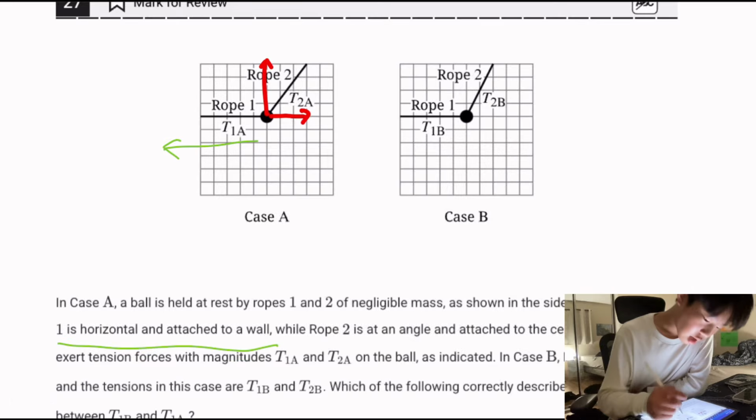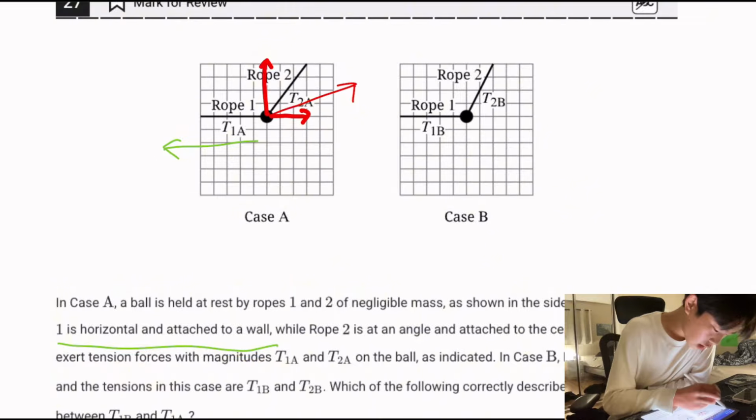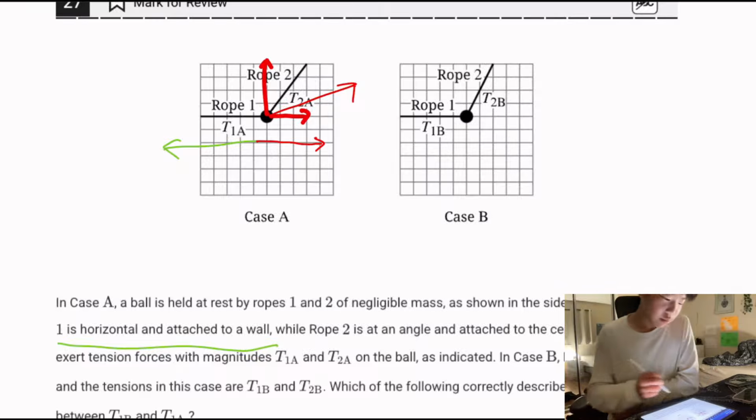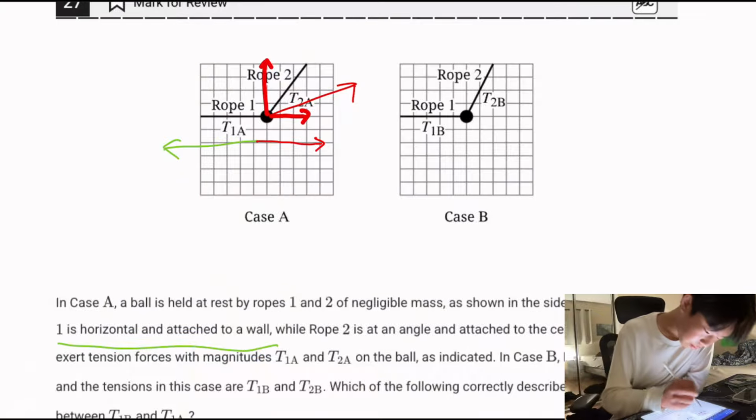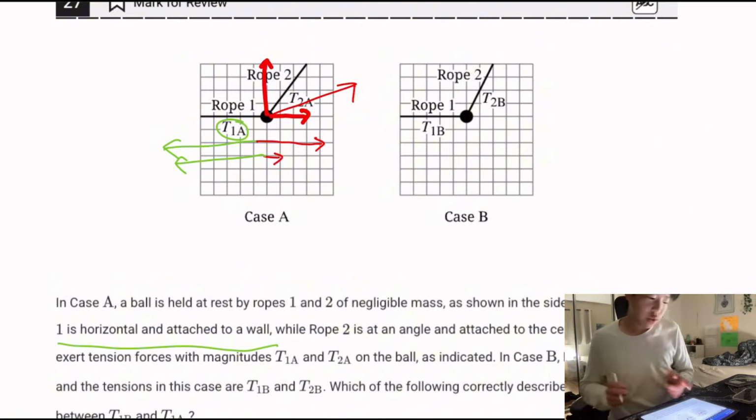But basically, the more the rope is put this way, the more force rope 1 has to use to counteract the force, right? If the rope was only 1 unit long, the tension, T1A, will just overpower the force, right?